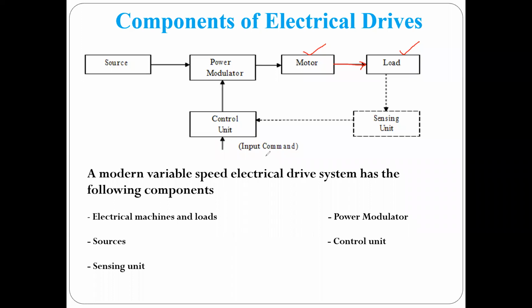Shraddha, are you listening? Yes, sir. Okay, so this load is operated through the electrical motor. If you want to control the speed, the velocity, the motion of this load, we have to control the speed of the electrical motor.